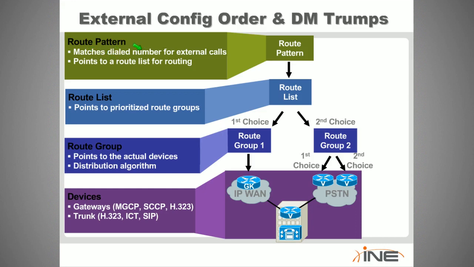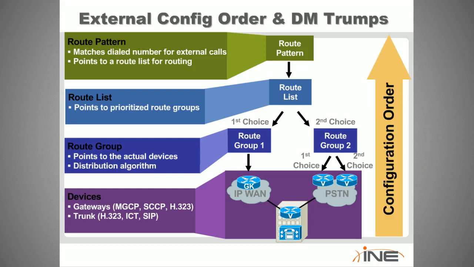A call gets to the route pattern because it matched the dialed number for the external call. First of all, we have to configure everything in the opposite direction that the call routes. The call routes from the route pattern to the route list, first or second choice, and then down to the trunks or the gateways. We configure that in the opposite order, of course.